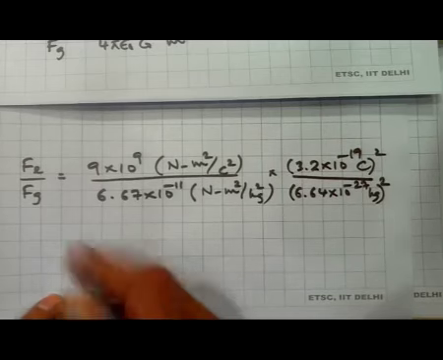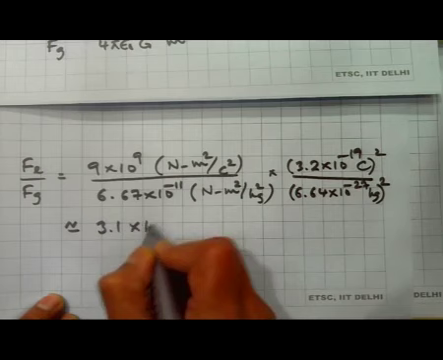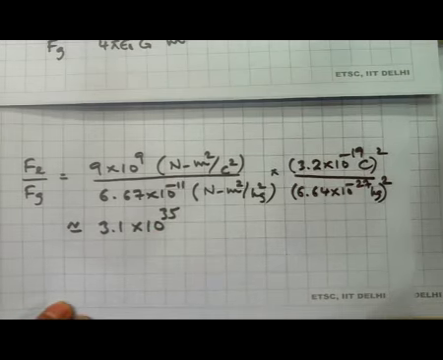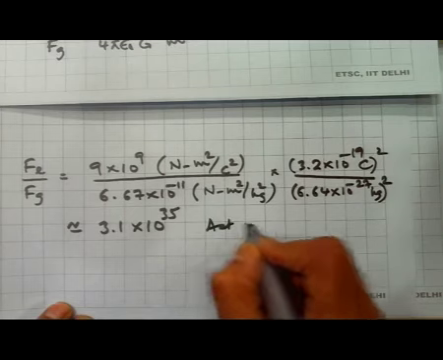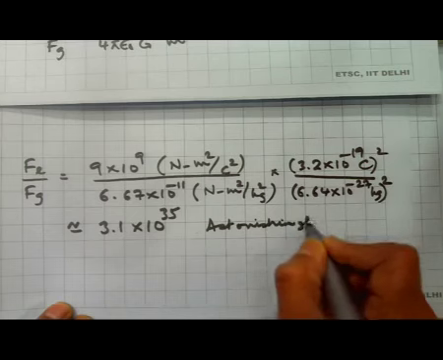If you simplify this, it comes out to be approximately 3.1 into 10 to the power 35, an astonishingly large number.